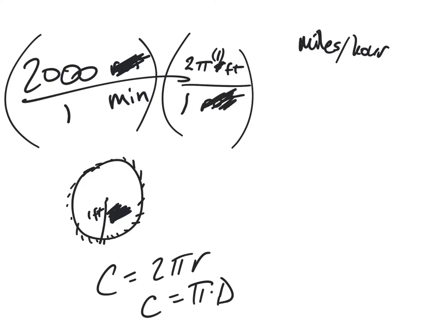Now I have rotations canceled. And good question. When it's all done, if I said you went like 16 pi feet, that's going to be kind of confusing. So let's use 3.14 for pi and get the final answer as how fast is this thing going in miles per hour.